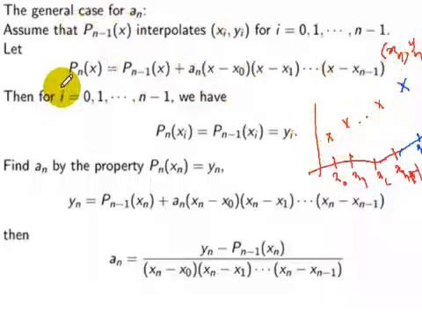This is the way: I add this additional term and find this coefficient using the point that I added to my previous data set. I substitute this value in here, and you can find that coefficient, a sub n.